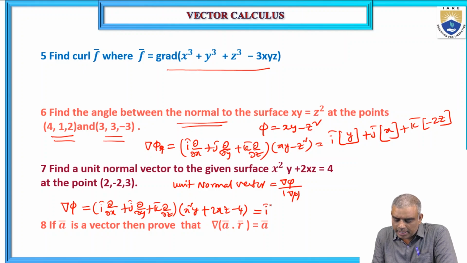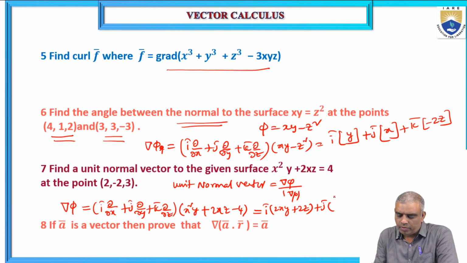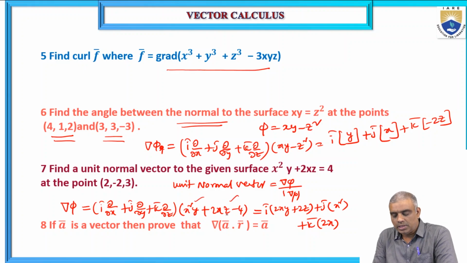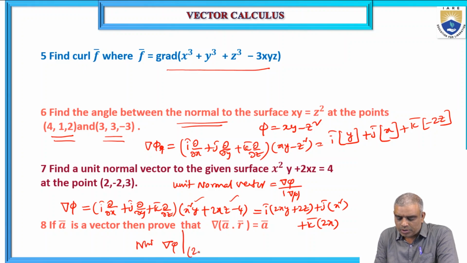So on substituting, I bar into dou by dou x of the entire one, 2xy plus 2z, plus j bar into dou by dou y of this one, x square only, plus k bar into 2x, plus k bar into dou by dou z of the entire. This is 0, this is 0. Z becomes 1, 2x.